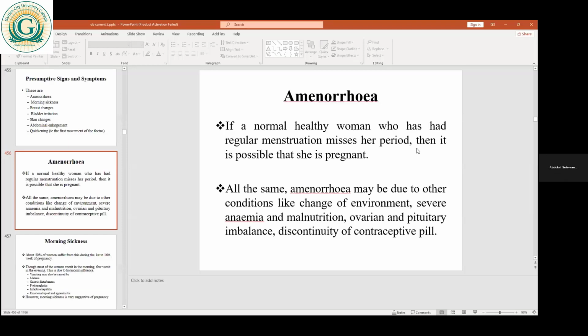Amenorrhea can be due to change of environment, anemia or malnutrition, or ovarian and pituitary imbalance. Or if the woman is taking some pills and they are stopped, menses can stop. So that is not a good sign for pregnancy.